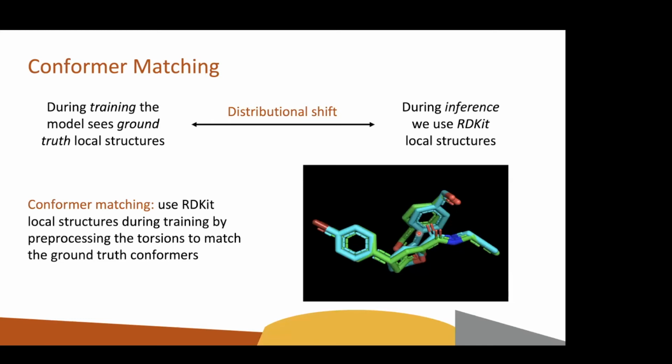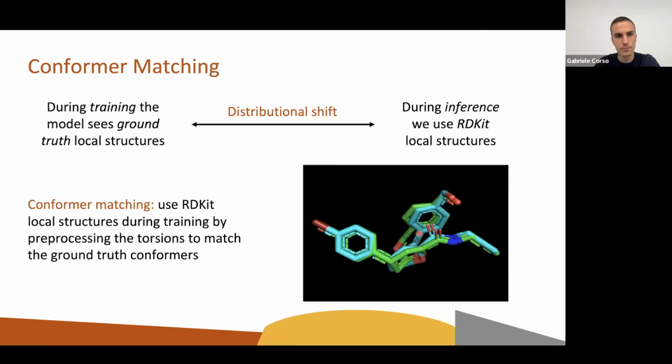And of course, when you apply the model to RDKit local structures naively, it completely fails to predict anything at all. They also have ablations in the appendix where they don't do this conformer matching, and there it's much worse, like 50% worse performance or something.